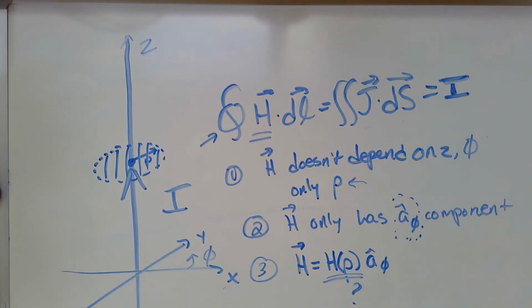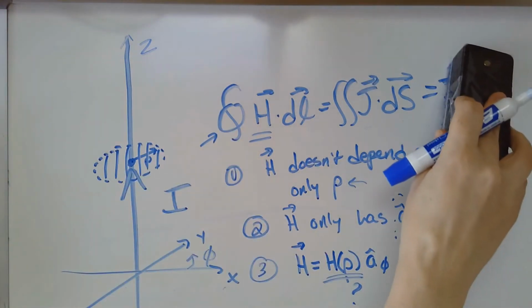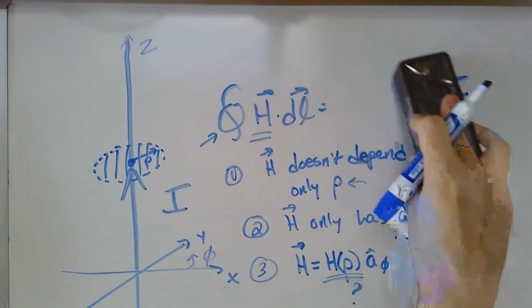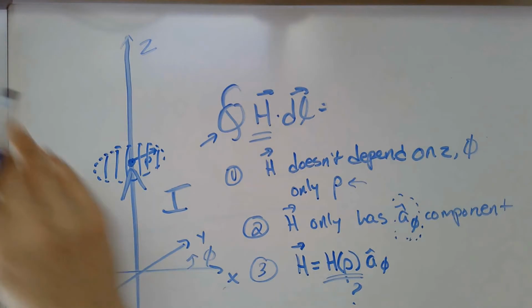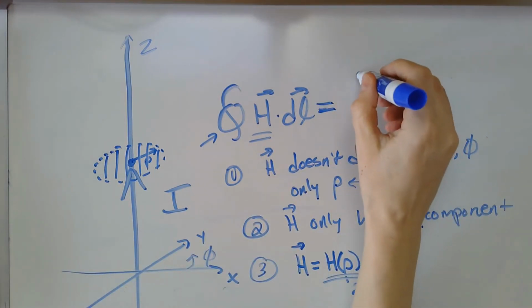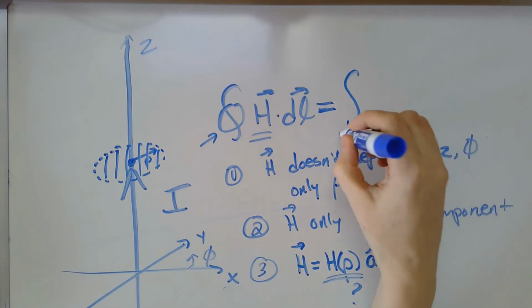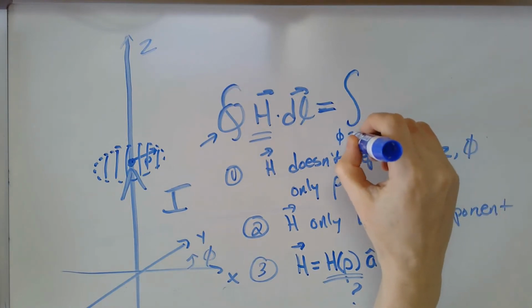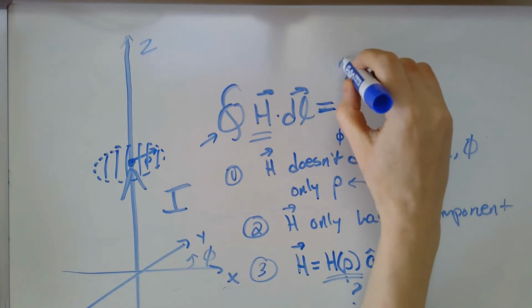H dot dl is actually going to be the integral from phi equals 0 to 2 pi.